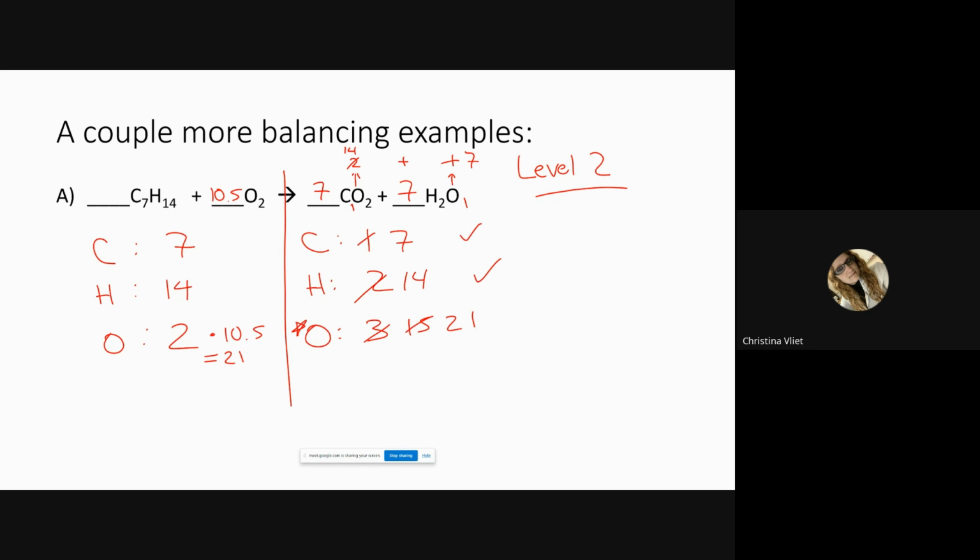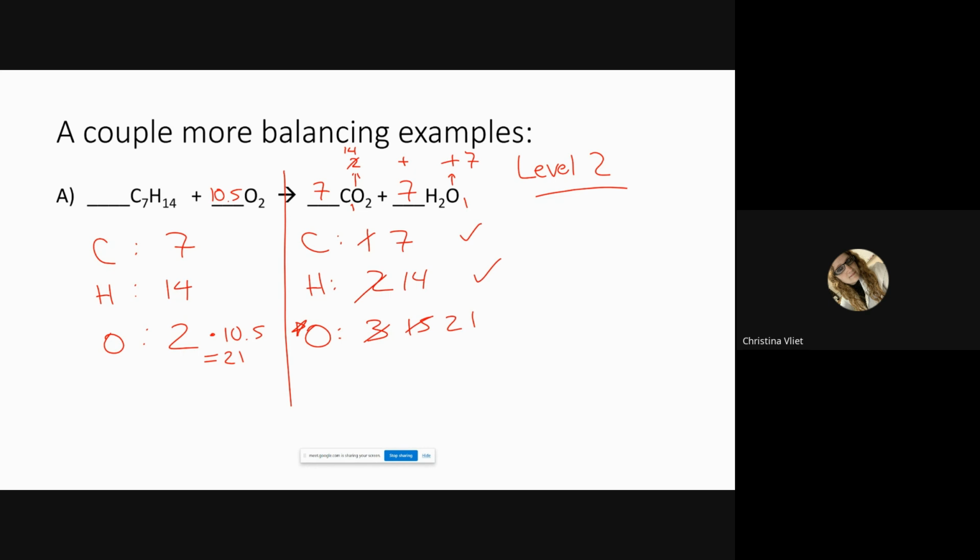If you are decimal or fraction phobic and you don't like that, the other option is to multiply the numbers by each other, meaning multiply 2 by 21 and multiply 21 by 2. And then everything would be double because of that. So there are actually 2 options to go with here.